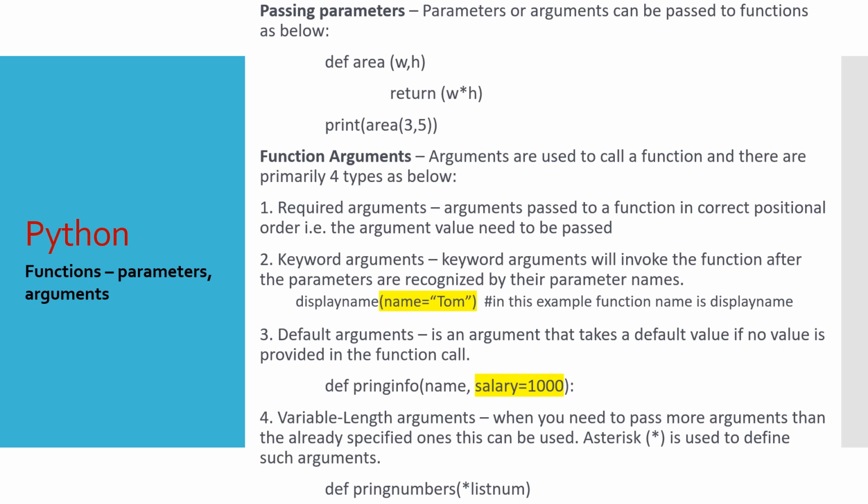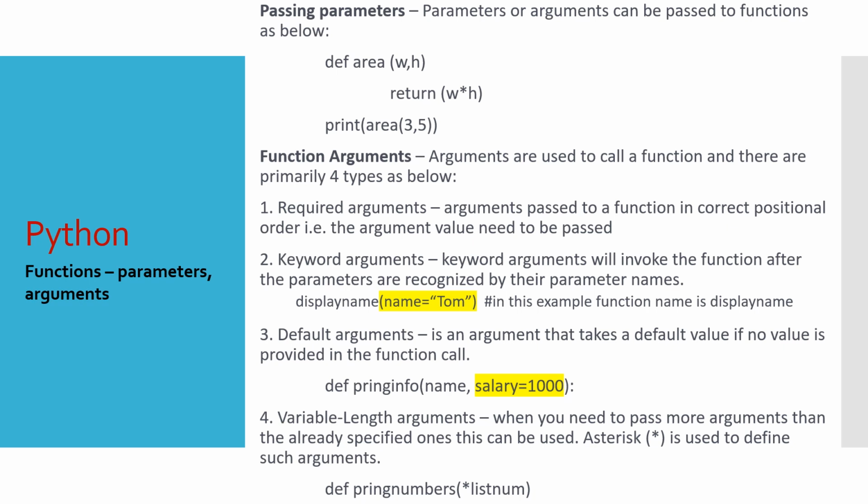And there are keyword arguments. For example, display name with name equal to Tom, where the function is display name. So you tell the function name, and then after the function name you're passing the parameters.